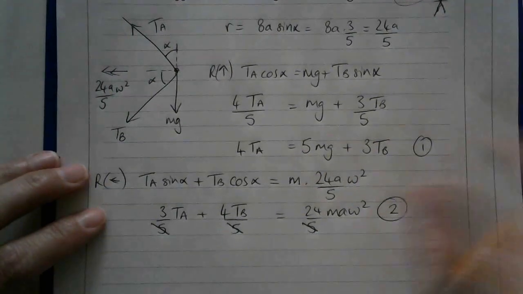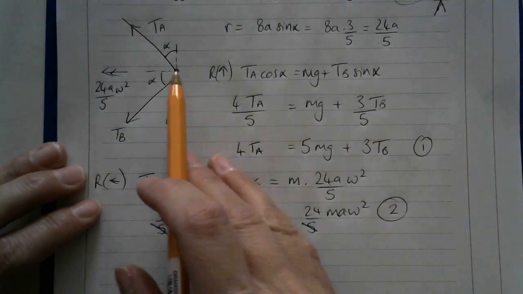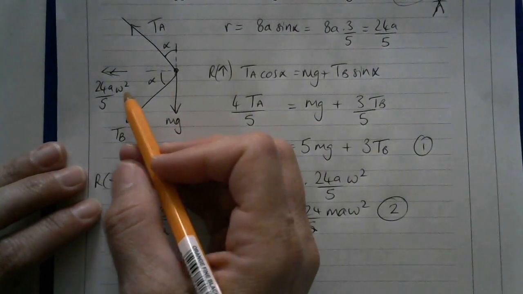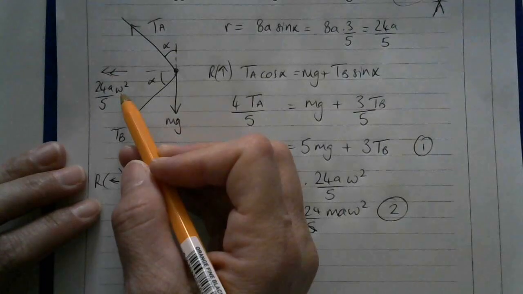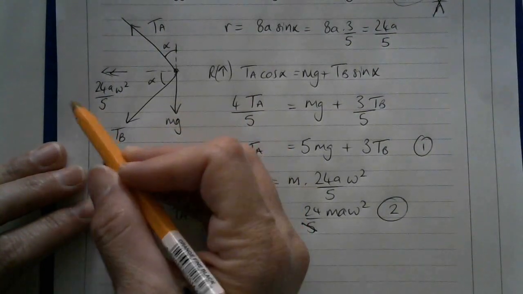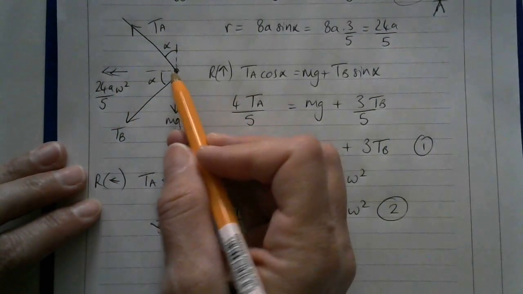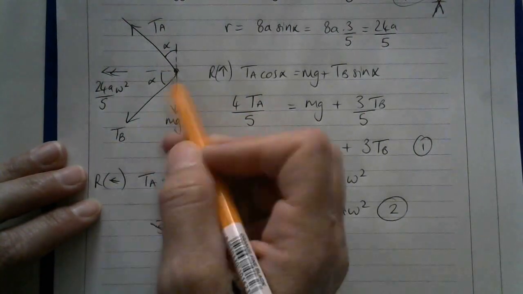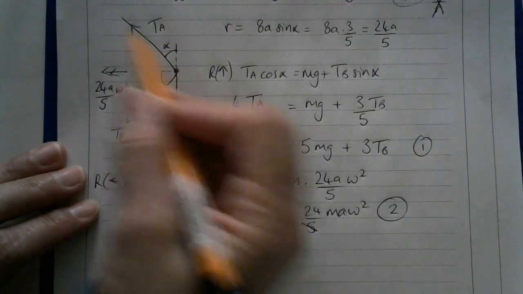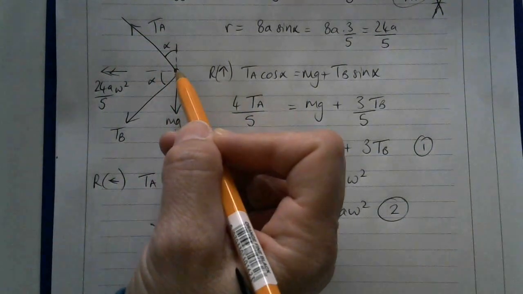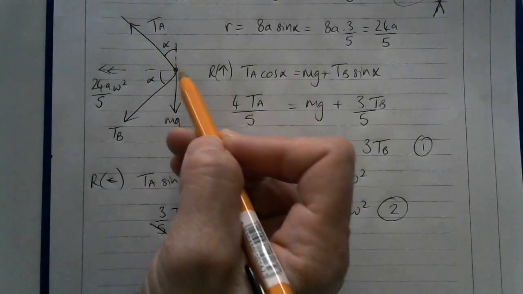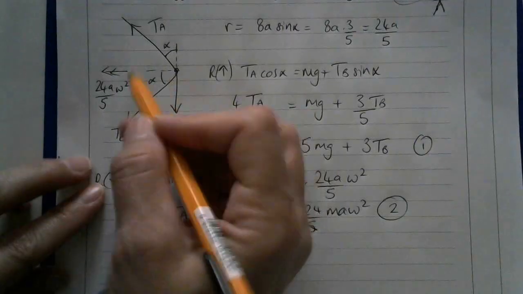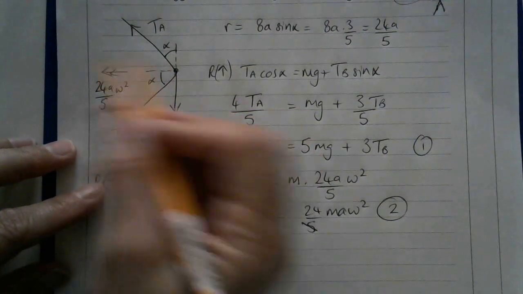Well, it's going to come from what is going to happen to this part of the string if omega is not big enough. So if omega is too low, then it will mean that the string goes slack, and it will be TB that goes slack before TA would have any. So TA will always be there, and the upper part of the string will always be taut, but this part of the string that's down here could go slack if this is not going fast enough.